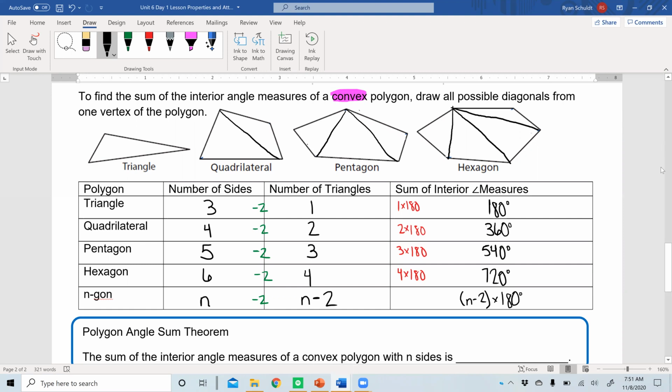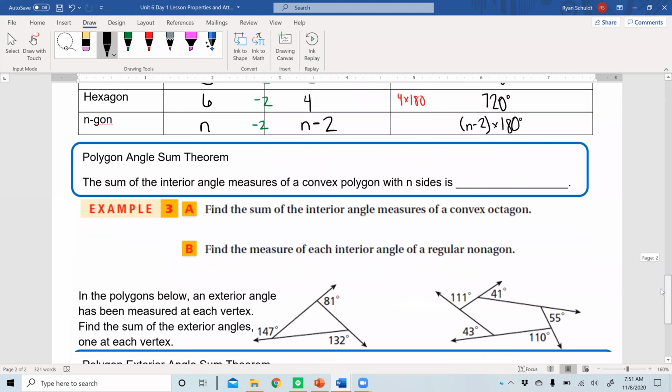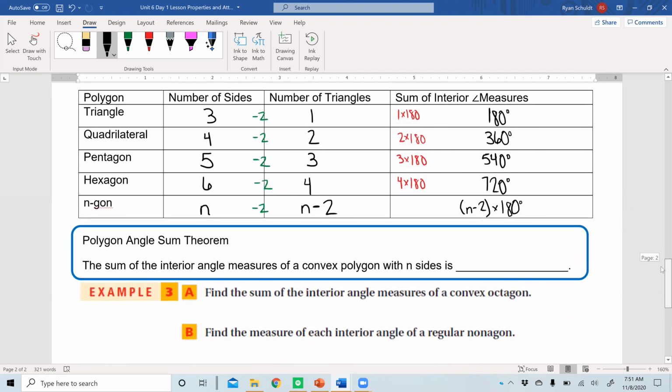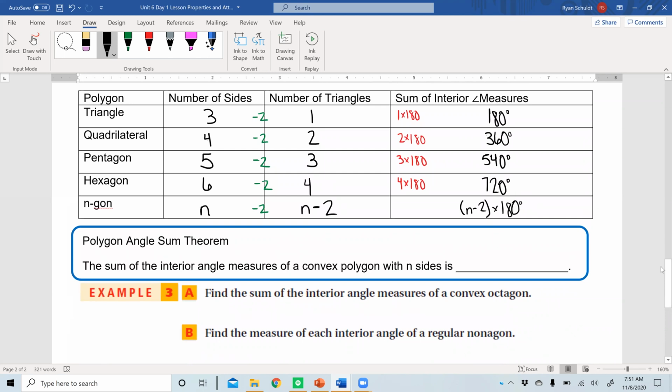And that actually leads us to the polygon angle sum theorem, because this one right here is actually what goes in this blank.